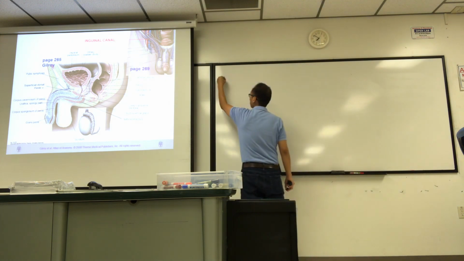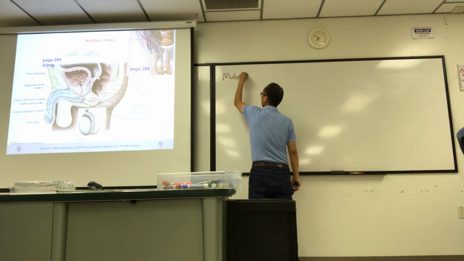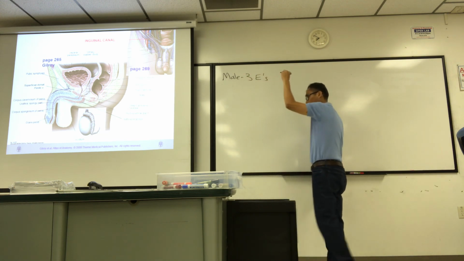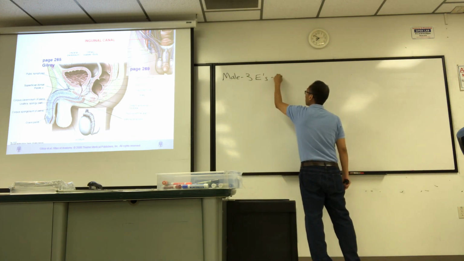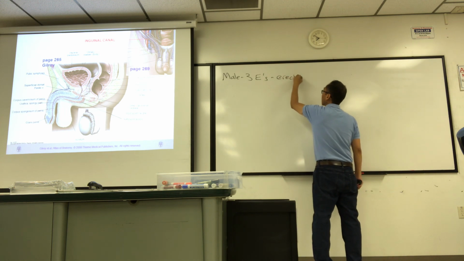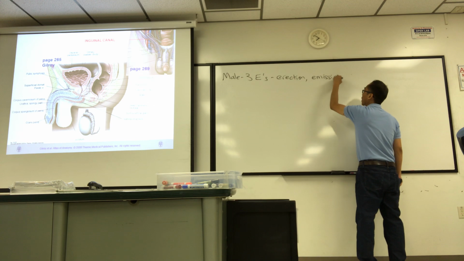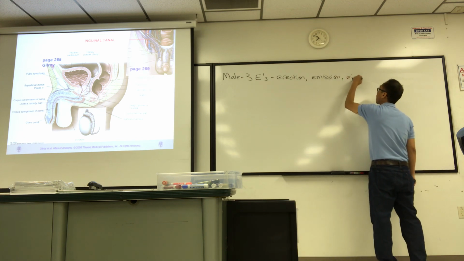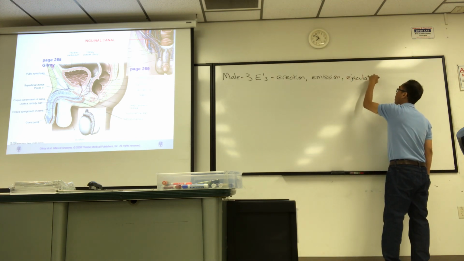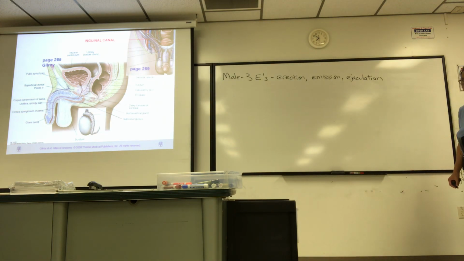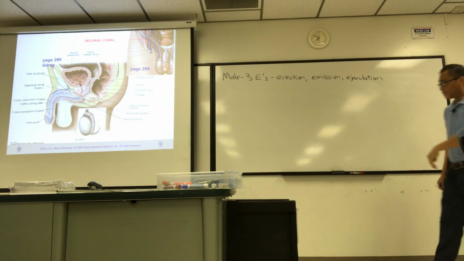So for male contribution for reproduction, the 3 E's are erection, emission, ejaculation. So we'll go over the details throughout the lecture, but to define each one.